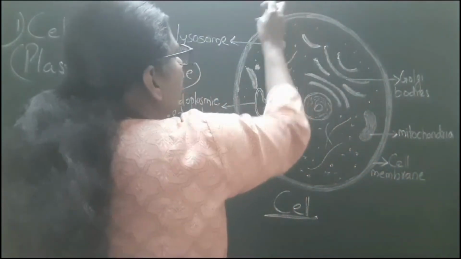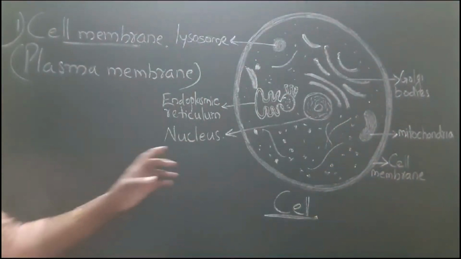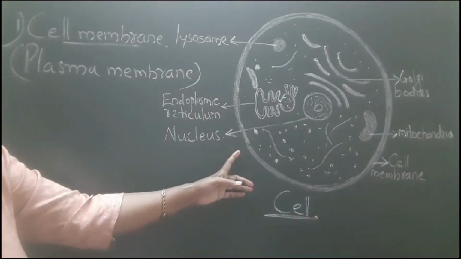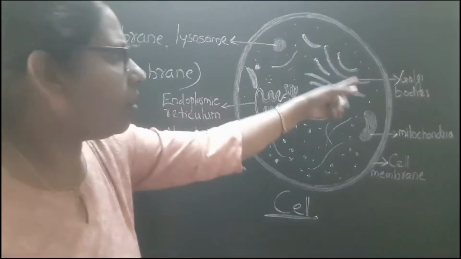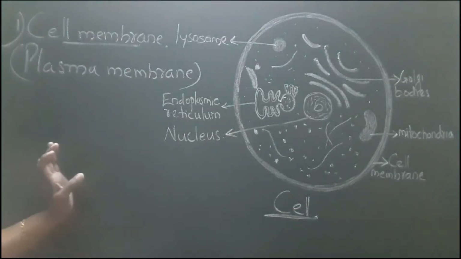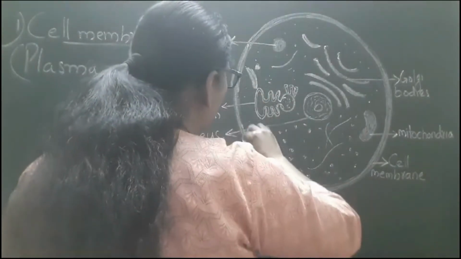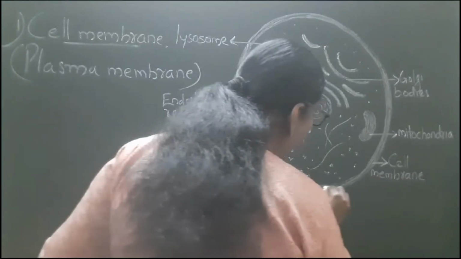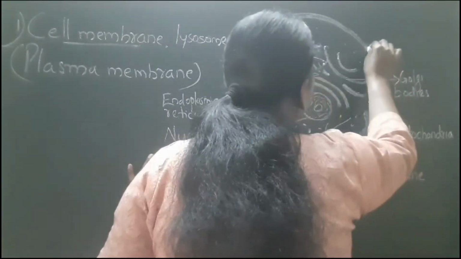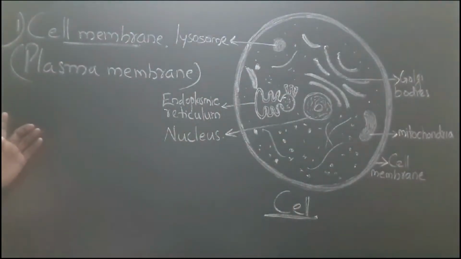This is the cell membrane. The outer layer or the cover of the cell, the outside layer, is called the cell membrane. It is very thin.